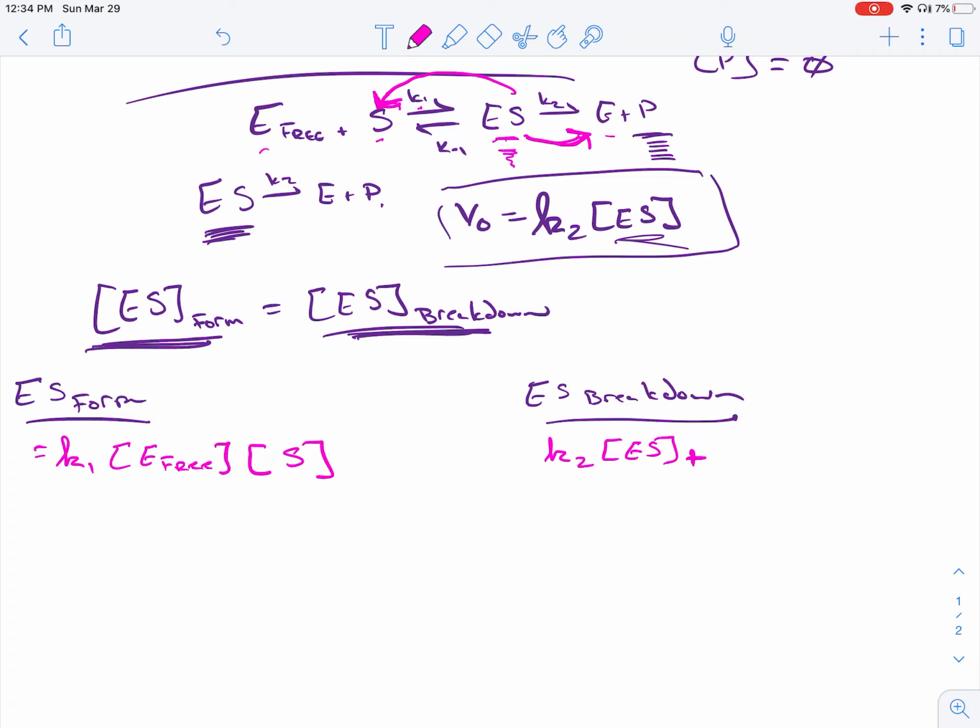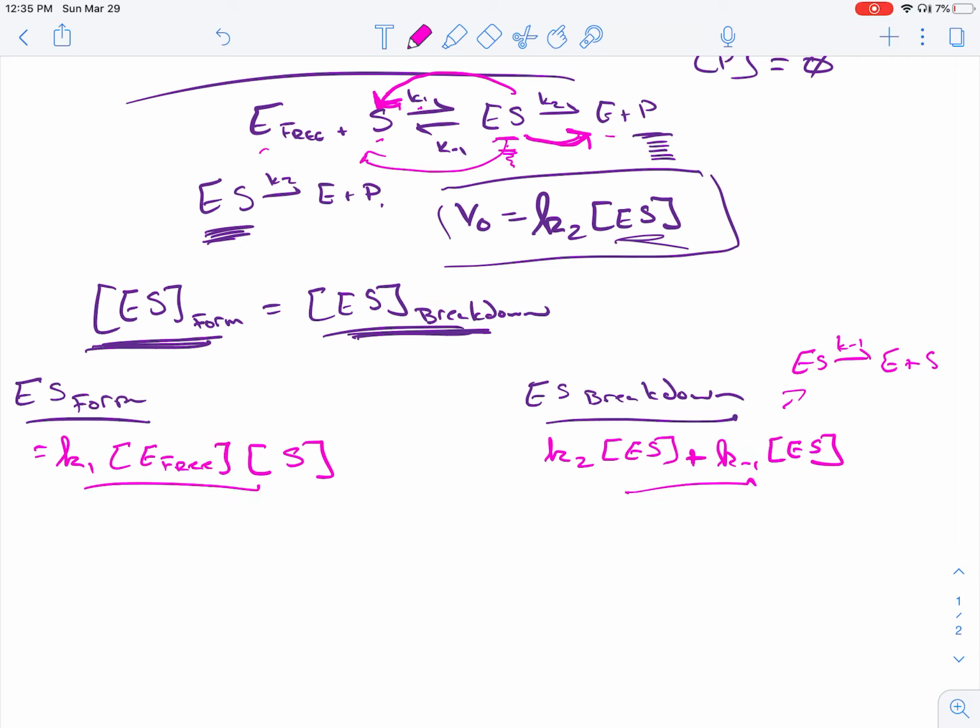So here you can break down ES by going in the reverse direction, and you can break it down going forward. So this would be plus K minus 1 times what? ES, right? Which is the substrate in the reverse reaction. So here, this reaction would simply be ES goes K minus 1 to E plus S. Okay, and so that's it. These are the two ways in which you can break down ES and form ES.